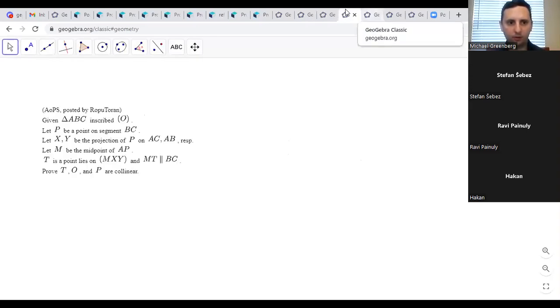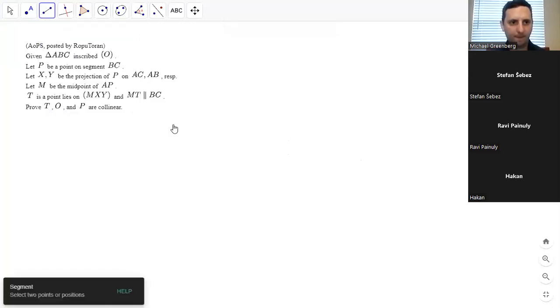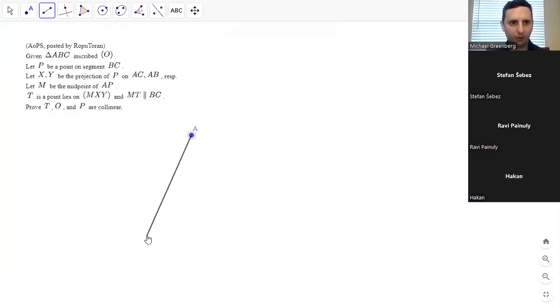It's a good one. This one looks like it's not so bad, right? All right. So we have a triangle ABC inscribed in a circle O, and P is a point on BC.